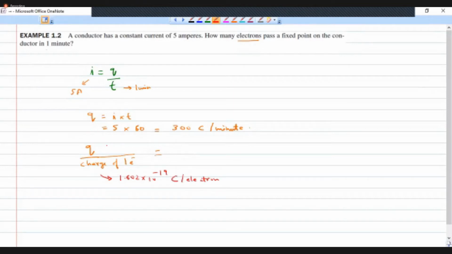The unit of Q is coulomb; here we have found it in coulomb per minute. So we'll get some number, and that many electrons per minute will be flowing here. That's the concept.